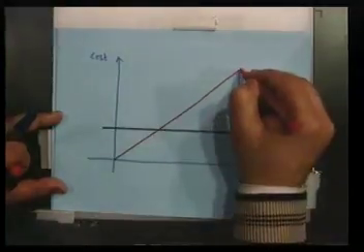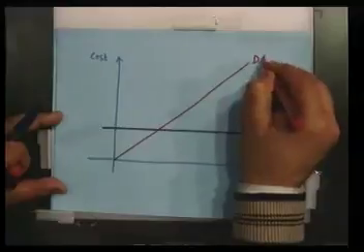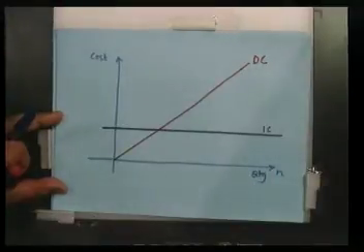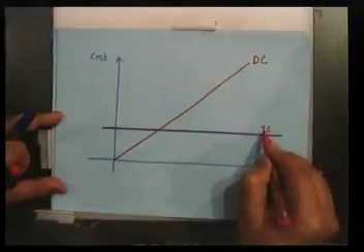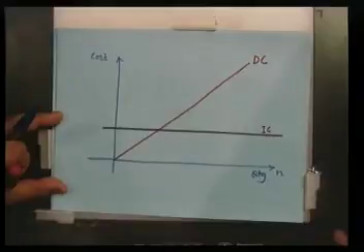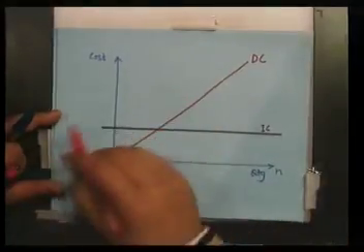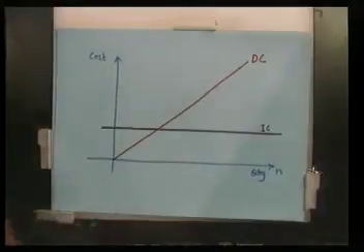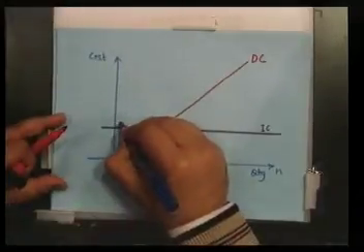So, this is going to be my direct cost line DC. Now, in the next step, what do I do? I add this IC as well as this DC. So, you will find that it will have a shape like this.